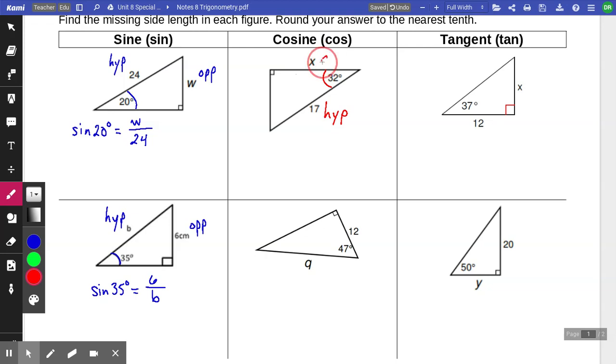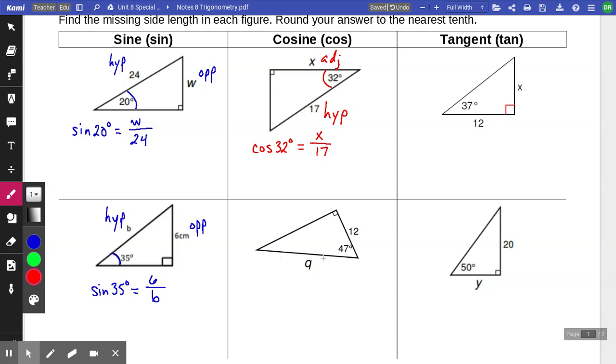And we call that the adjacent leg. Okay? And since we're referring to the adjacent leg and the hypotenuse, this is cosine of 32 degrees equals adjacent leg x over your hypotenuse 17.